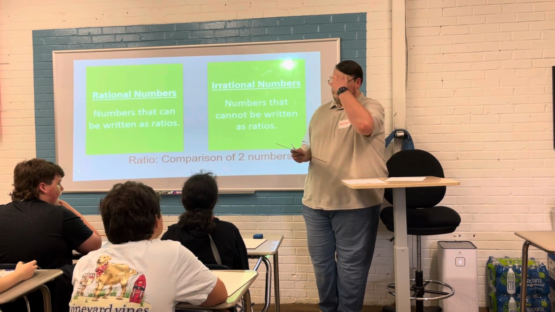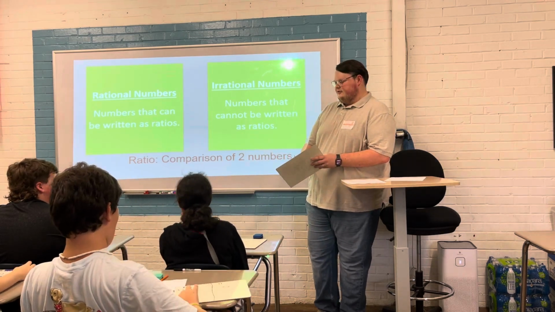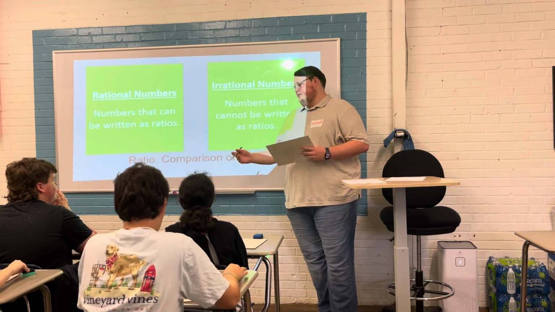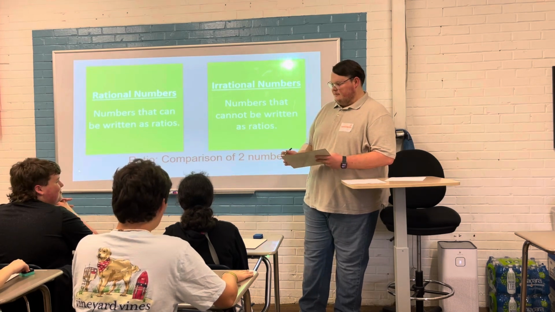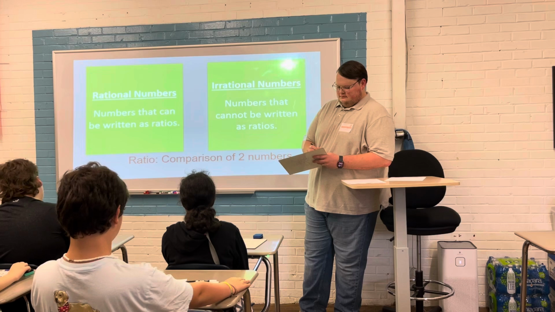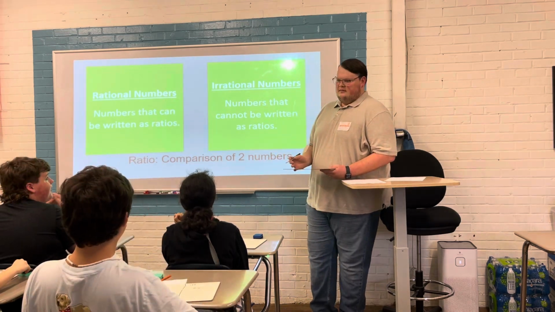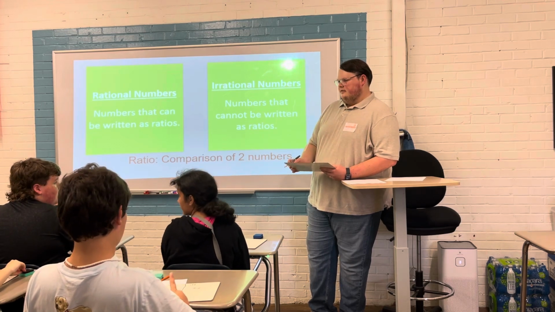Okay, so I want y'all to give me a number, and then we're going to decide together if it goes rational or irrational before we do these next two. So you just say a number. 4. What do y'all think 4 goes under? What number you got? 9. 4.5. 6. Okay.